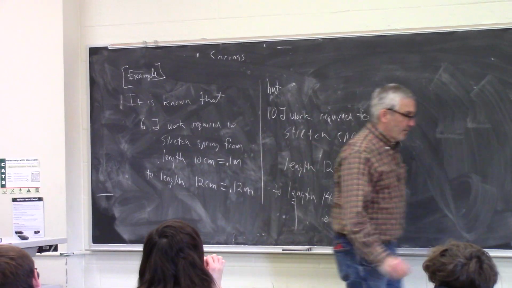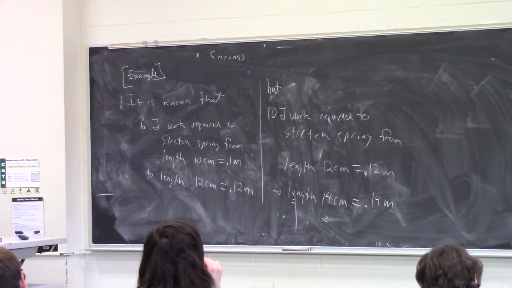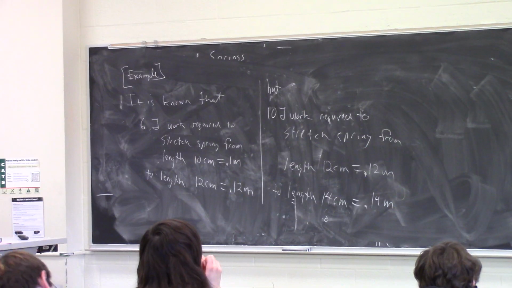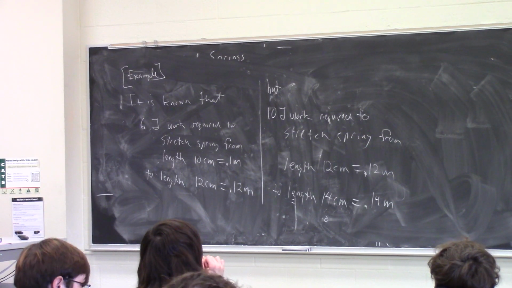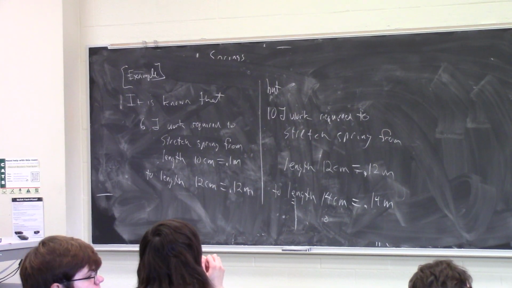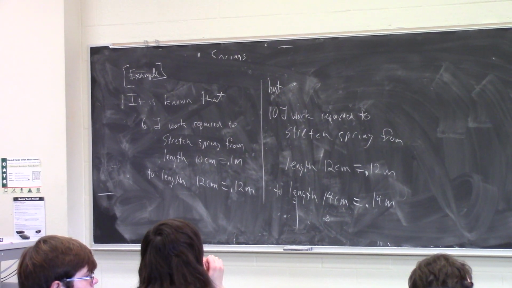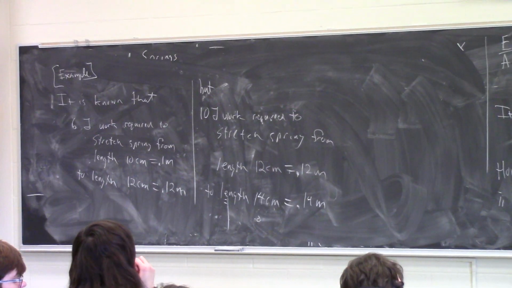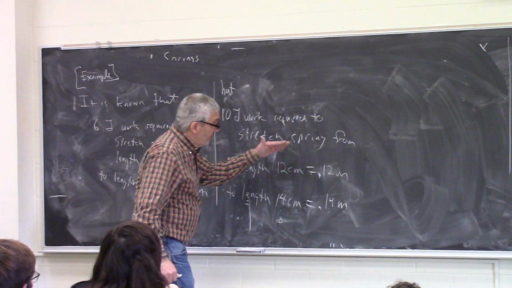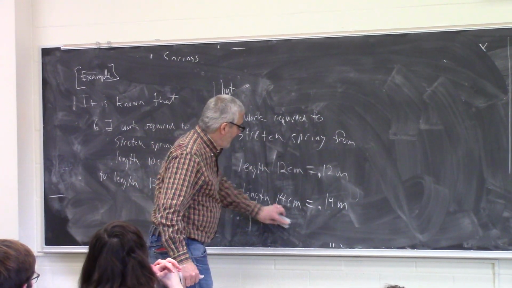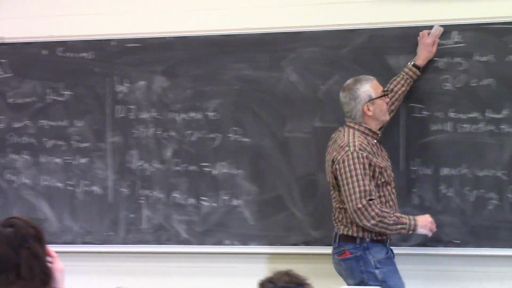So that makes sense. I do some work. I don't know what the natural position of the spring is, but I stretch it from 10 to 12, and it took some work. But as I'm stretching the spring, it's going to take more and more force to keep this spring stretched. So to stretch it another 2 centimeters is going to require more work. So it makes sense that it took more work to stretch it from 12 centimeters to 14 centimeters than it took to stretch it from 10 to 12.